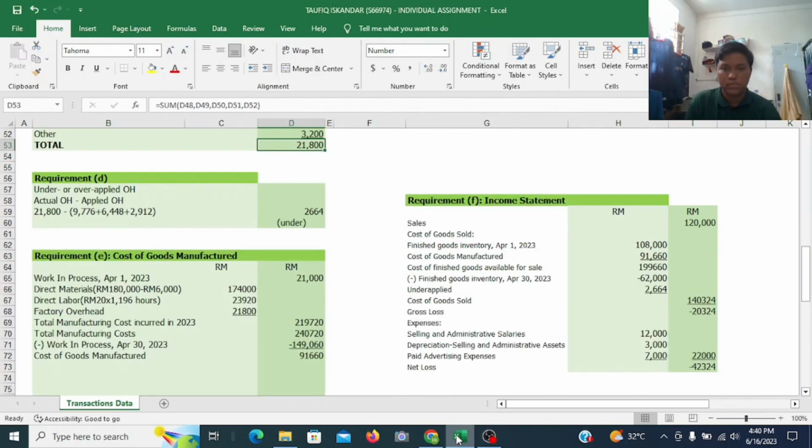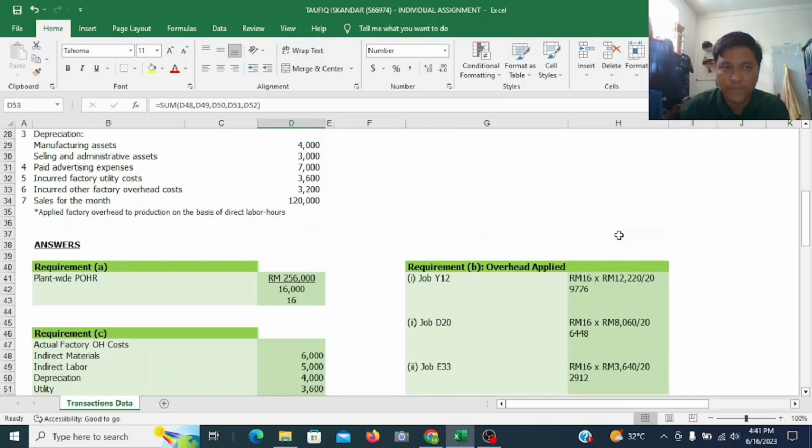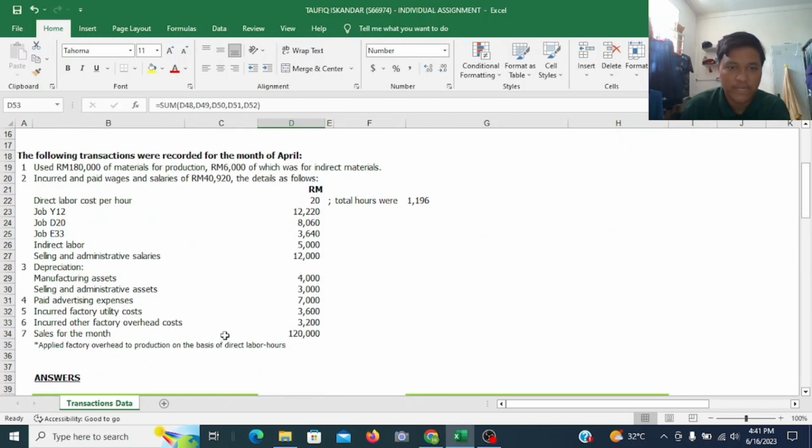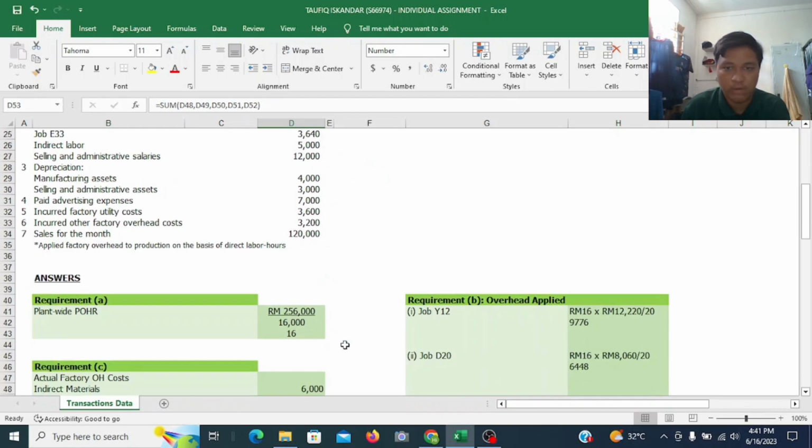And the last question, we need to prepare the income statement for RMC for the month ended 30 April 2023, if the under or over applied overhead is adjusted to cost of goods sold. We start with the sales, where the value is 120,000. So sales for the month is 120,000.